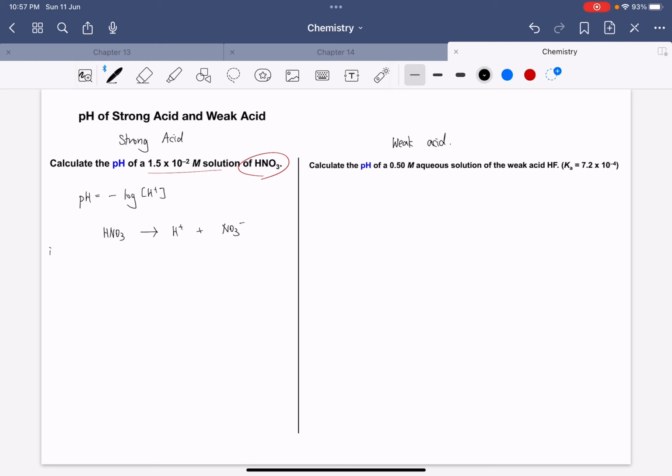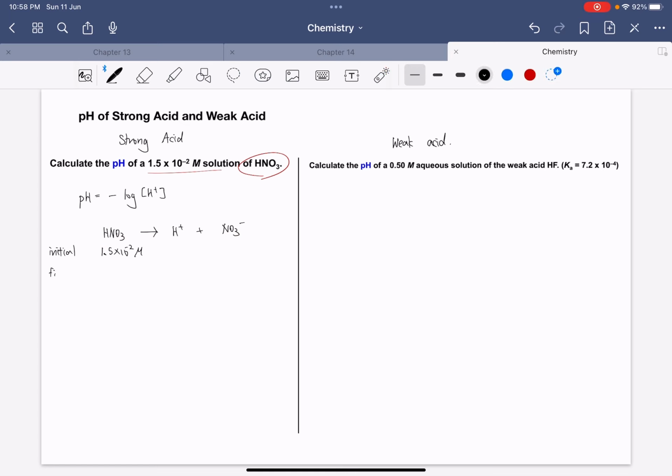Initially, we have 0.5 times 10 to the negative 2 molar of the acid, and we assume that all of that is dissociated. All of the acid is dissociated into hydrogen ion and NO3 minus ion.